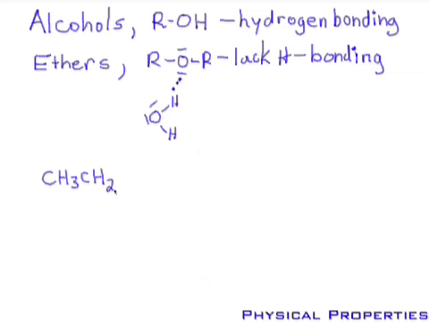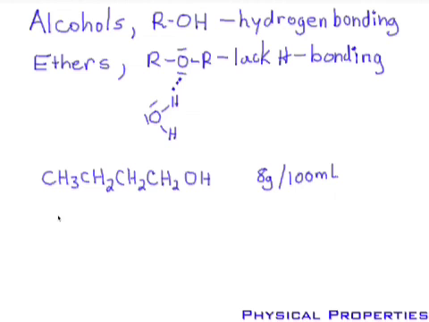So while ethanol and propanol are water soluble, by the time you get to 4 carbons, the solubility in water has been reduced to 8 grams per 100 mils. Solubility of this alcohol in water is only 8 grams per 100 mils.